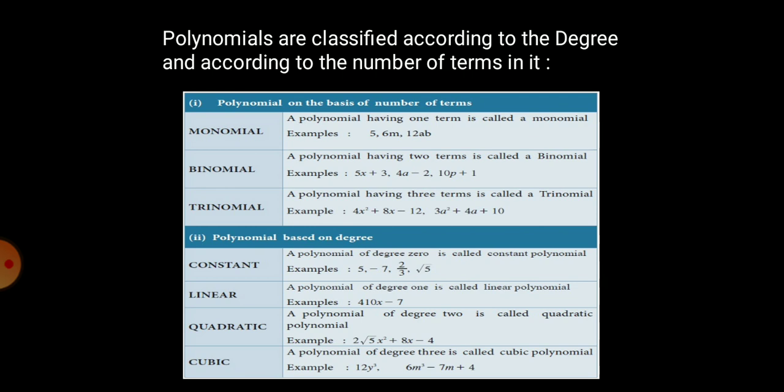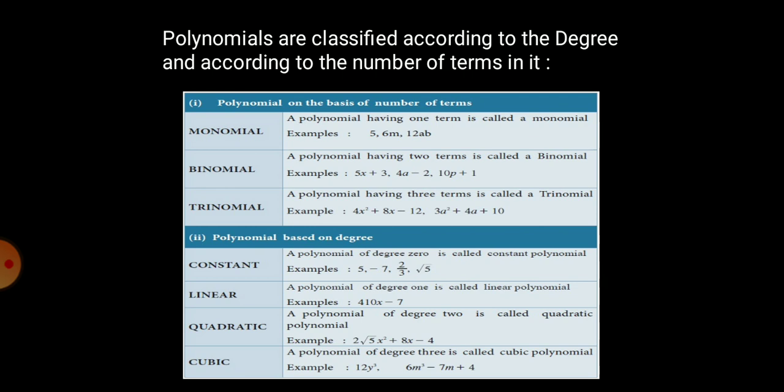Now let us see how polynomials are classified according to their degree and according to the number of terms. If a polynomial has only one term, not associated with any plus or minus, then that is called a monomial. Remember again, when we say polynomial, the power should not be negative or a fraction.